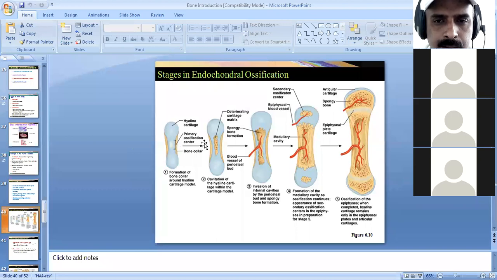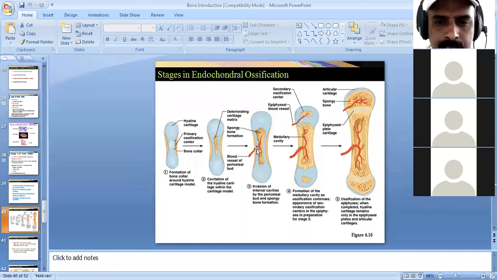Then the cartilage matrix is there, and we get cavitation of the hyaline cartilage within the cartilage model. In the first diagram we have hyaline cartilage; in the second diagram, the cavitation and cartilage matrix.